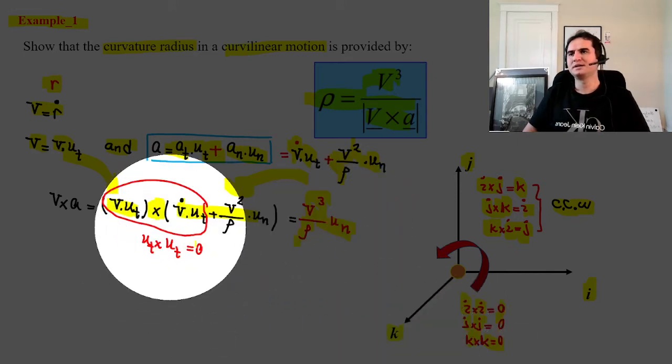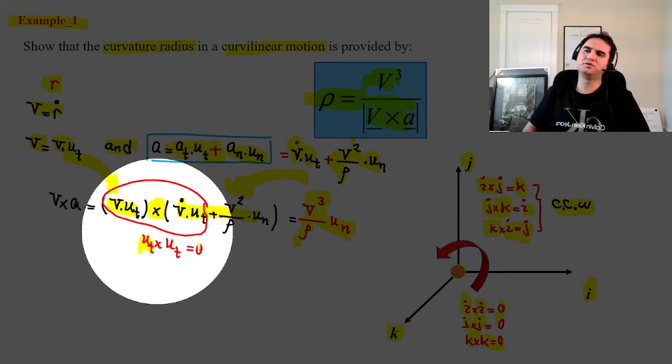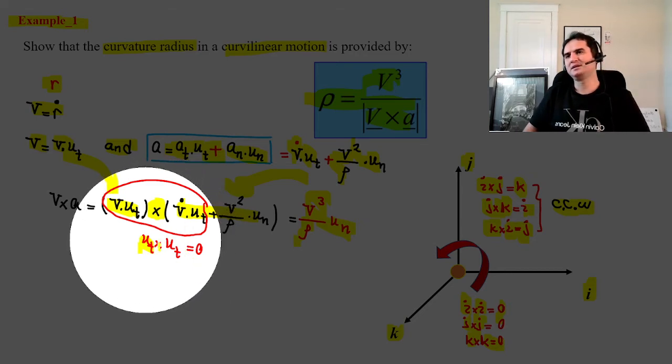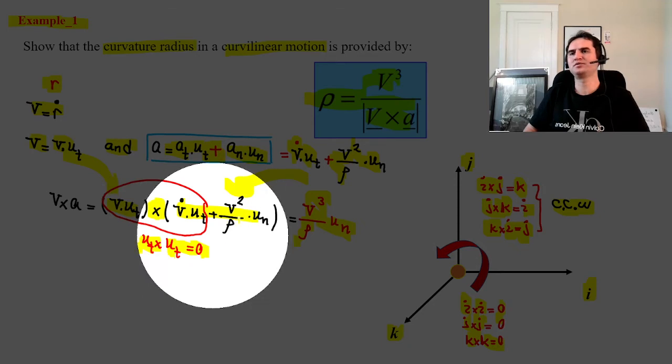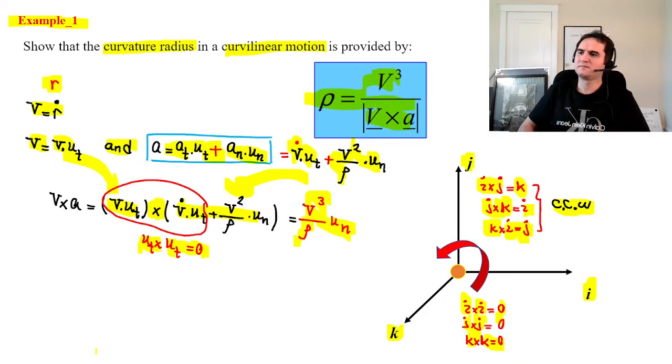In our case, ut is a unit vector, so ut cross product ut goes by 0. So this part goes 0, and we just have v ut times v squared over rho un. And you may note that can also be written with u, for example, up, because that's un times ut.